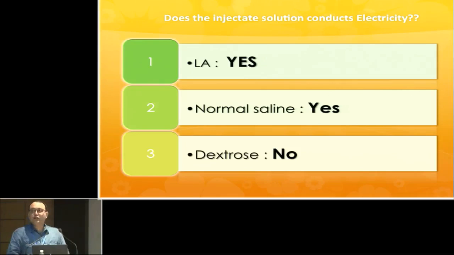Normal saline, yes, it conducts the electricity. But dextrose does not conduct electricity. Once the electricity passes through the local anesthetic and the normal saline, it disperses the normal saline into sodium and chloride ions, and it disperses the local anesthetic into positive and negative ions, and that forms an ionic curtain between the needle tip and the nerve, and that is why it is very difficult to stimulate the nerve.